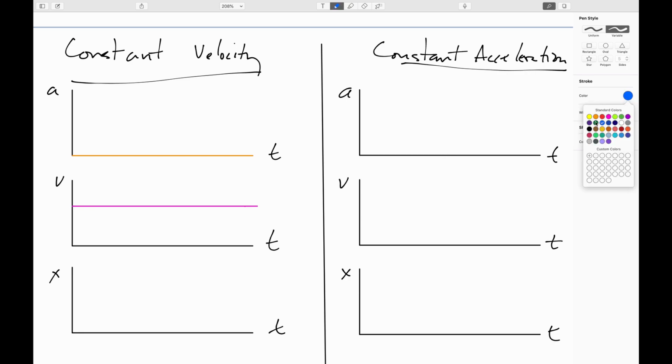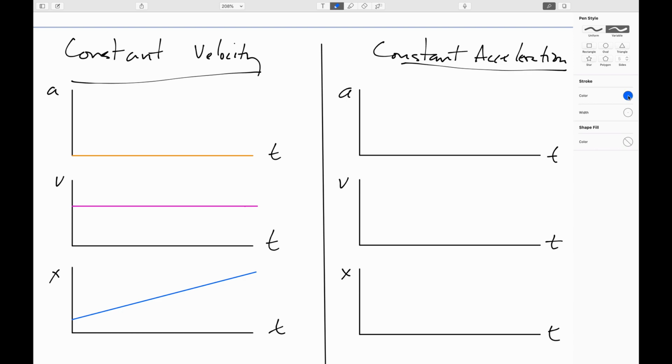And similarly, if I do position, the value everywhere here is positive, meaning the slope of the position graph is everywhere positive. So for constant velocity, position will be a straight line, velocity will be a horizontal line, acceleration will be exactly 0. Now, this could be slid up and down anywhere, or if it's tilted down, then my horizontal line would be negative. But the key features are straight line, horizontal line, exactly 0.